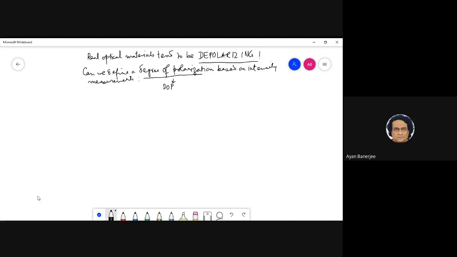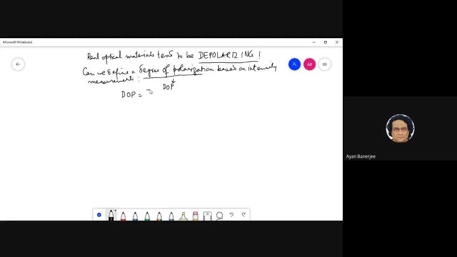Do you agree with that? Yes, sir. Then what can we define as the degree of polarization? Degree of polarization is something which is not attenuated. Yeah, correct.